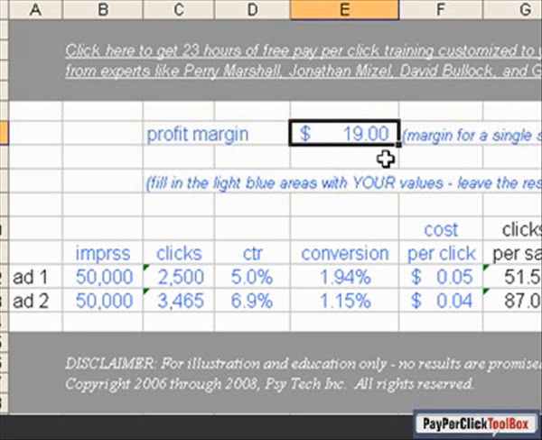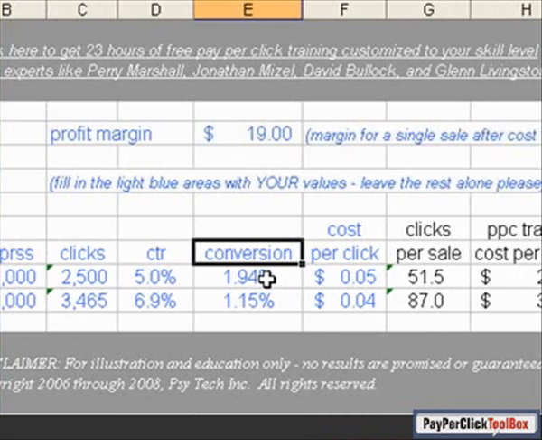So if this were a physical product and I was selling it for $20, maybe my profit margin would be 10. You get the idea. So put that in there. And then all you need to do is enter the impressions, clicks, click-through rate, and conversion, all the stuff in blue. You just need to enter that data, which is what Google gives you.